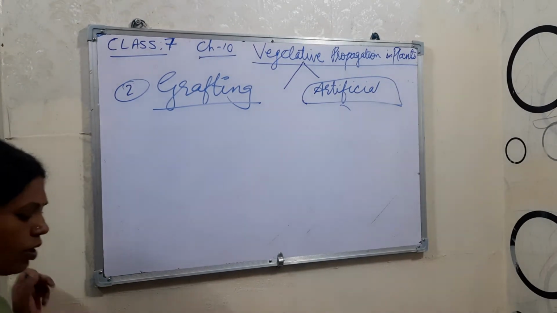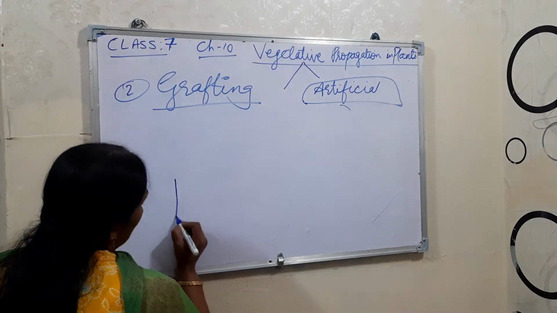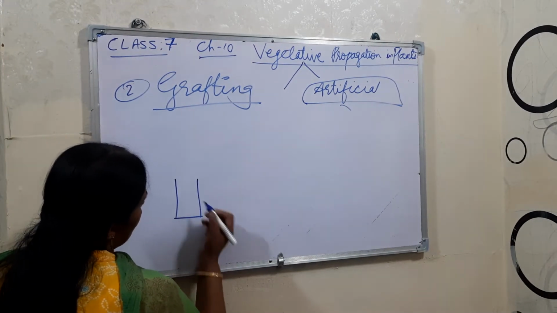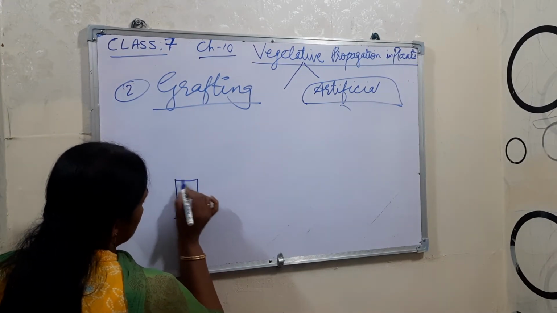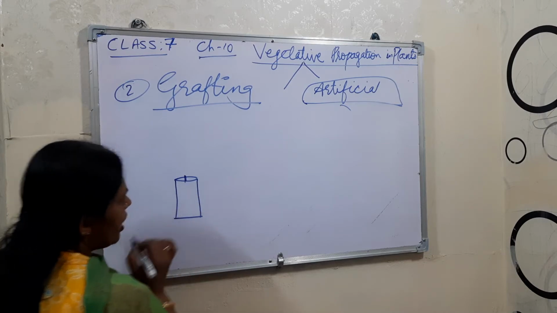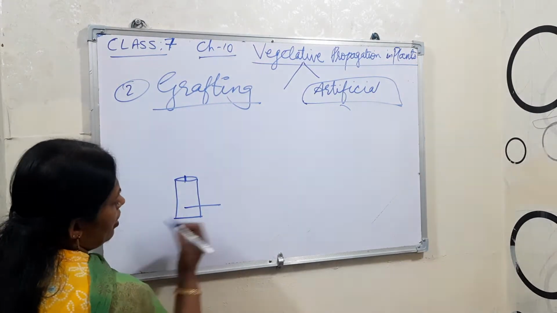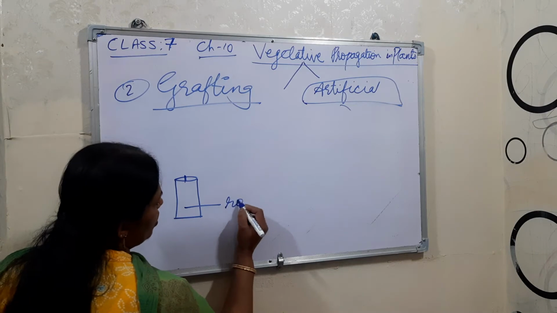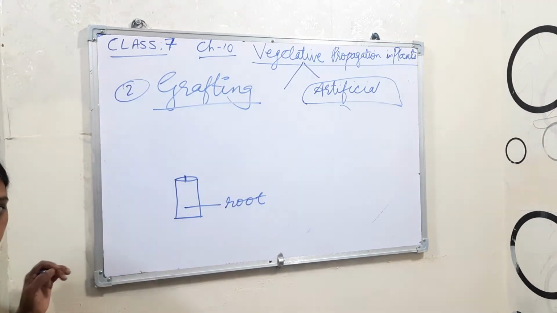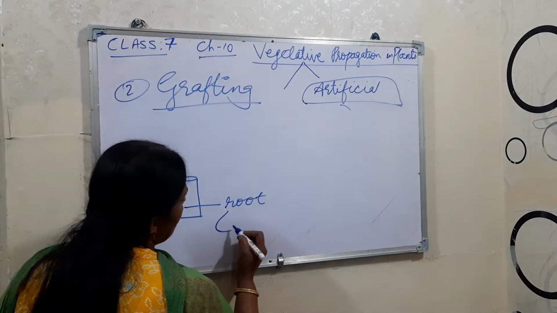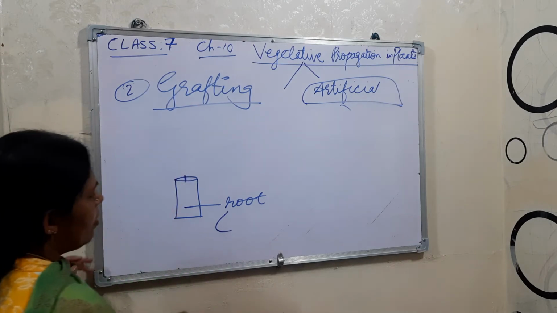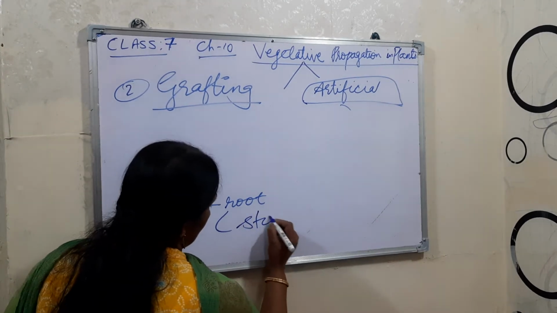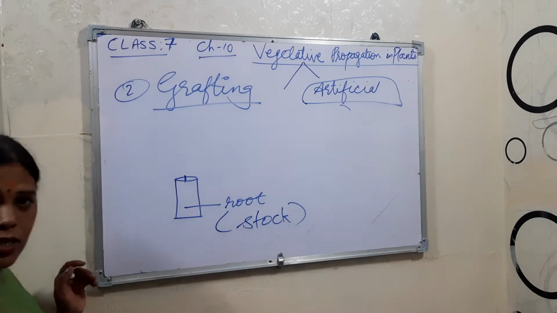See what you have to do. This is one plant, the mother plant. You may cut from this portion. This portion is going to be the root, so we can say it is the stalk. That portion is known as the stalk.